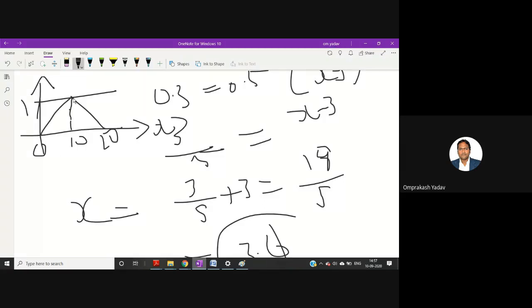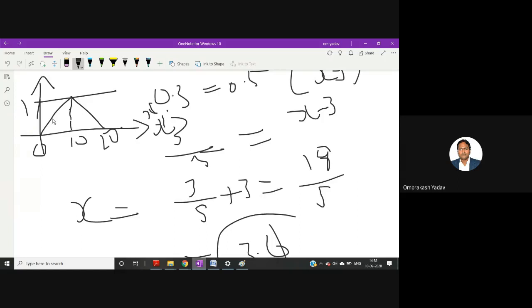Suppose I want to find the equation for this line and this line. This is an increasing line and this is a decreasing line. Whenever it's an increasing line, you always subtract from the variable. So this x is a variable over here, on the x-axis.